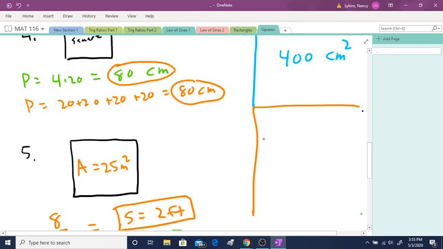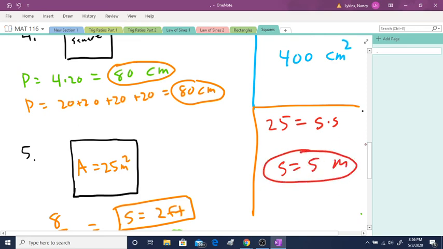Well, 25 is a perfect square. So it's like saying 25 equals side times side. So what times what is 25? So in this case, the side has to be 5 meters because 5 times 5 is 25.